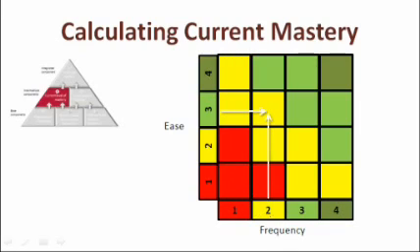So here we've got frequency that's level 2, ease that's level 3. That tells us that basically you're at, let's call it, an acceptable level, and you can easily move into a satisfactory level by increasing your frequency of use or making it a little bit easier to do. And you move into a higher level of mastery.